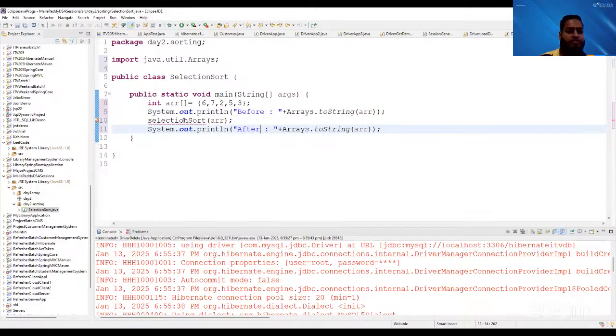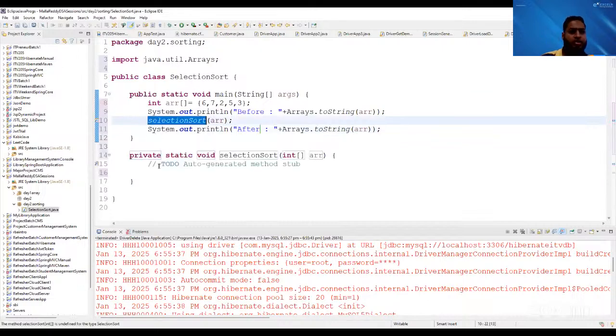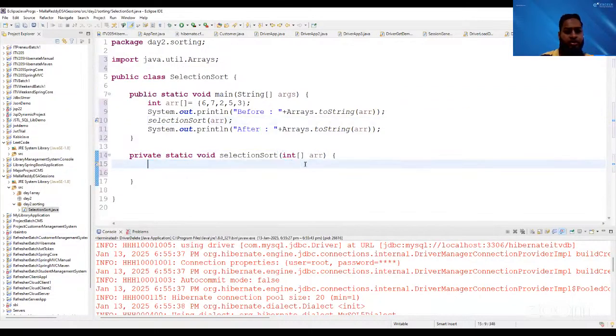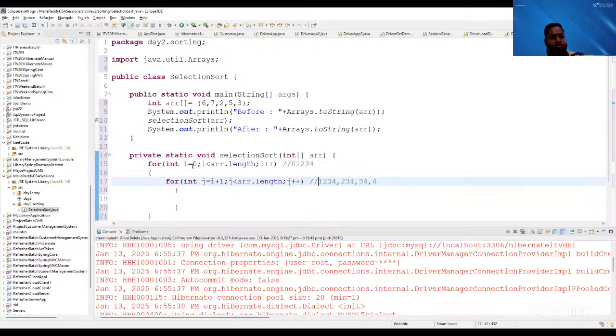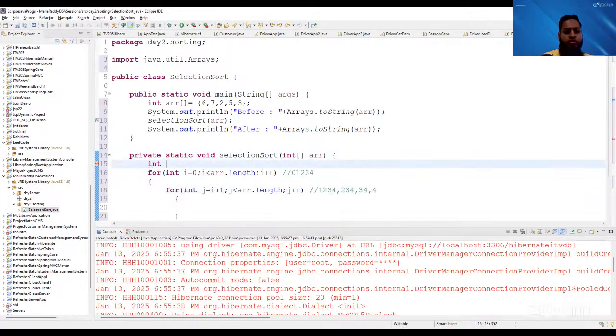Now let's write this function. This function has now got the array. And what are my for loops? I'll just copy this and paste it over here. The first loop: i equal to 0, i less than arr.length, i plus plus, j equal to one step ahead, up to length. We'll take a temp variable also because for swapping we'll need it. When will I swap? If the element at arr of i is greater than the element at arr of j.